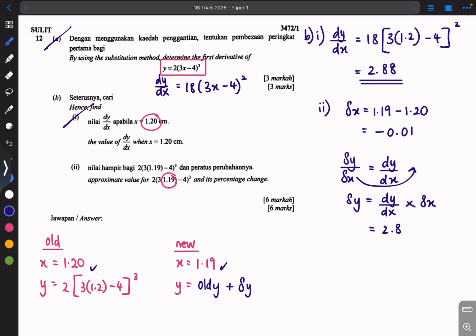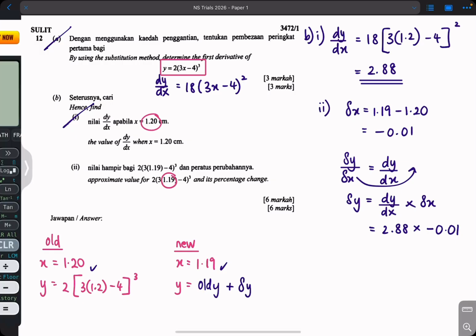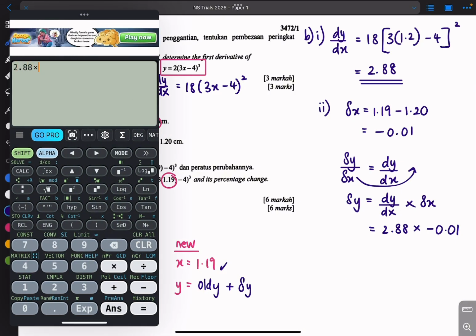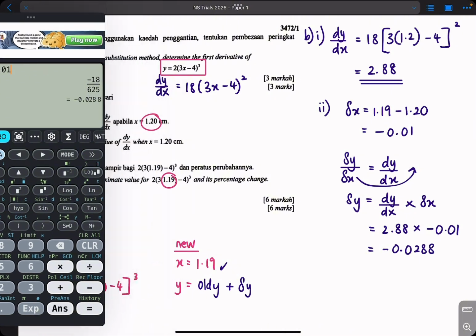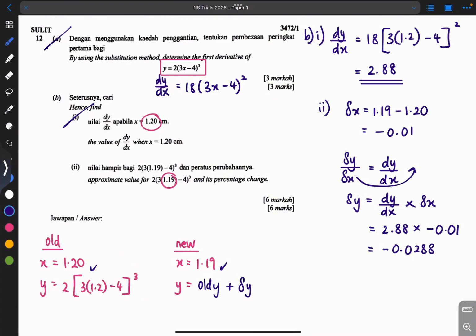We'll get 2.88 times negative 0.01, which is negative 0.0288. Okay, this will be our delta y. So if you want to find the new y, which is this, you just do old y plus delta y.